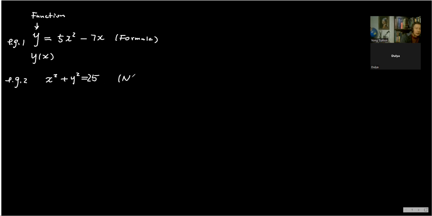We cannot write the function on the right-hand side with y alone on the left-hand side. There's no formula, but the formula is implied. Implied formula for y.